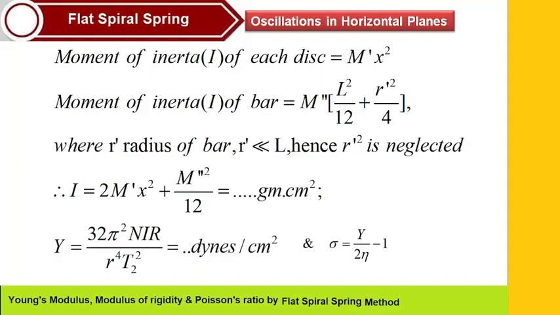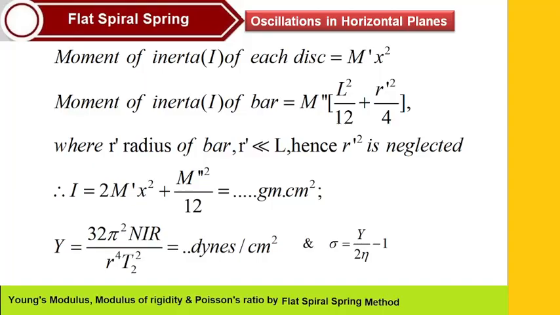Young's modulus capital Y is equal to 32 pi square N I R divided by r raised to 4 capital T2 square, equal to dynes per centimeter square. And from modulus of rigidity and Young's modulus, we can get Poisson's ratio, that is sigma is equal to capital Y divided by twice eta minus 1.